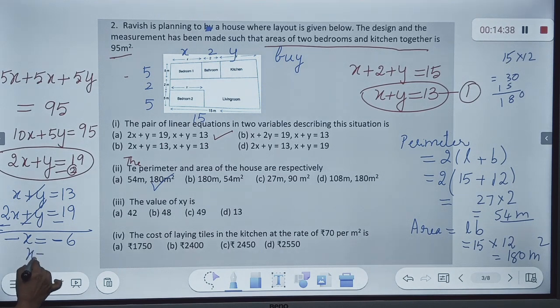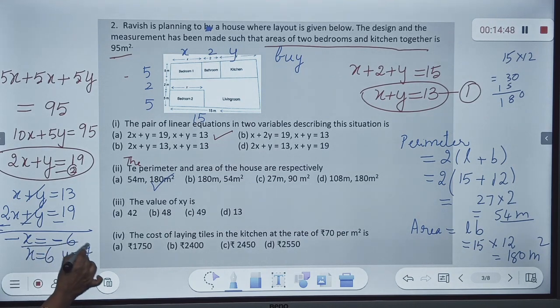So x equal to 6. If x is 6, x plus y is 13, so y will be 13 minus 6, which is 7. So x is 6 and y is 7. So the value of xy will be 42.